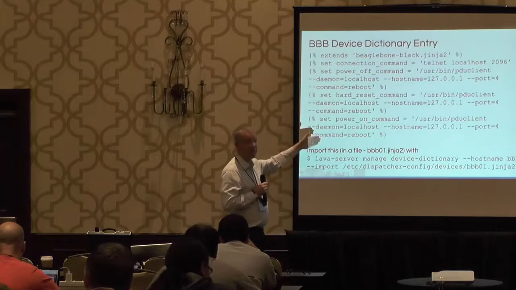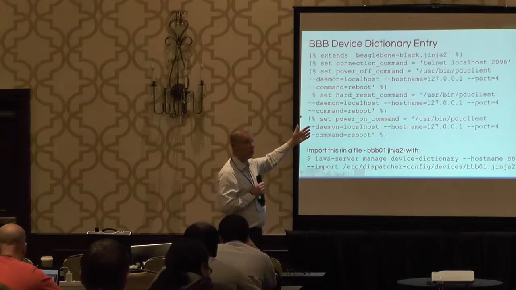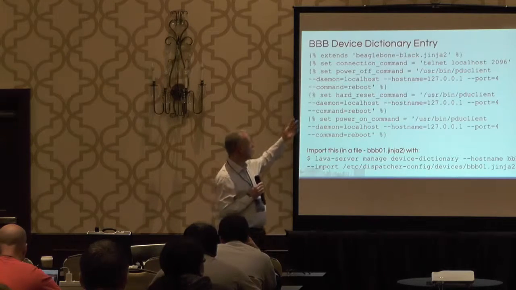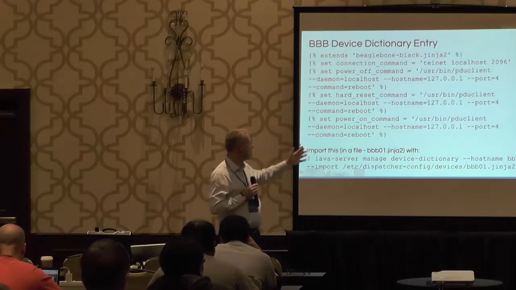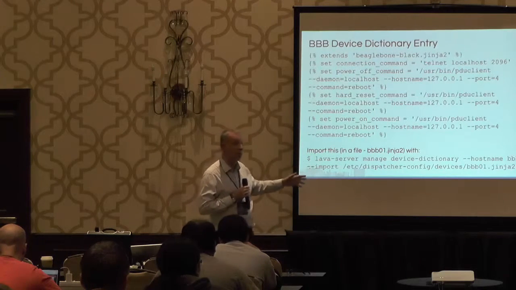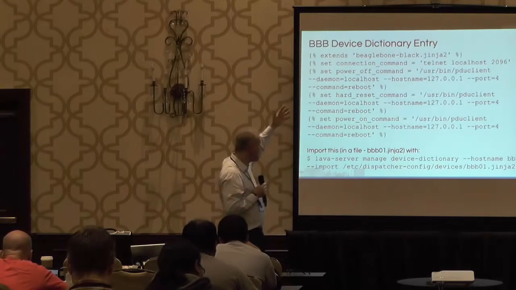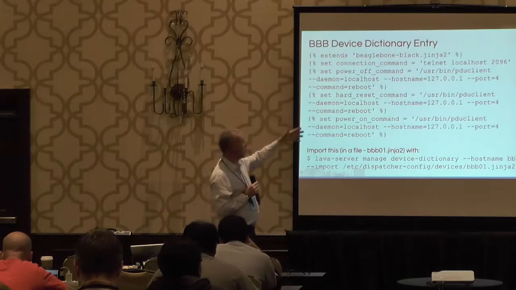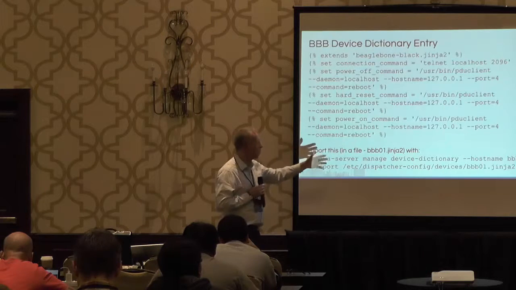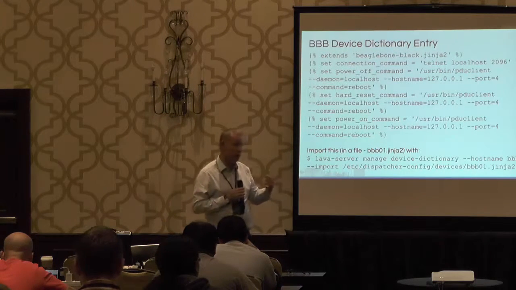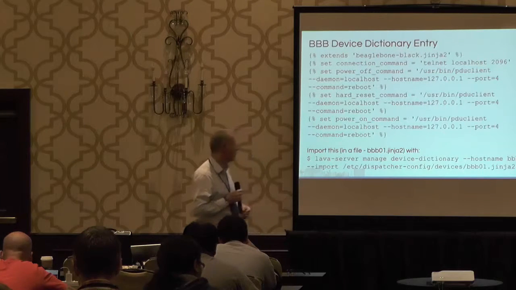So basically, it is power coordinates and serial. The device dictionary entry is imported using this lava-server command. So if you want to add an instance for a physical device, it's that kind of dictionary entry which you import to tell Lava that there's this device that has these coordinates.